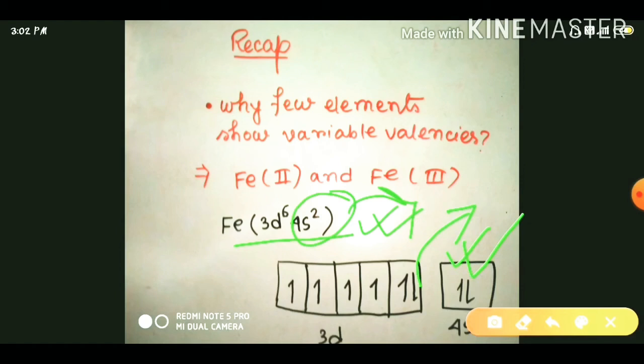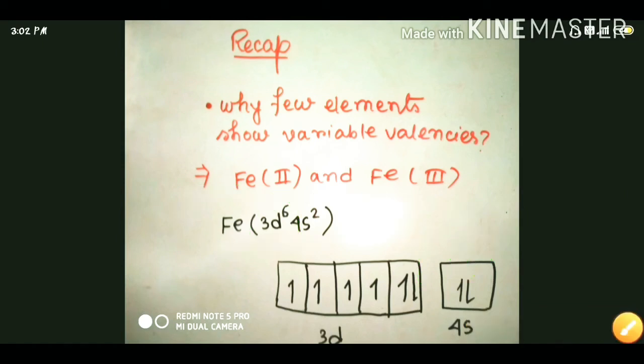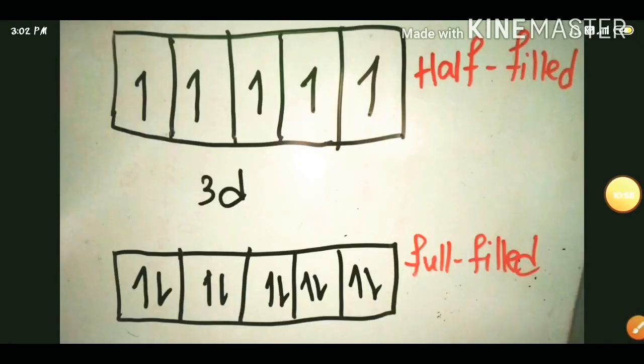So in this case, it loses electrons not only from the outermost shell but also from the very next shell of the outermost shell.